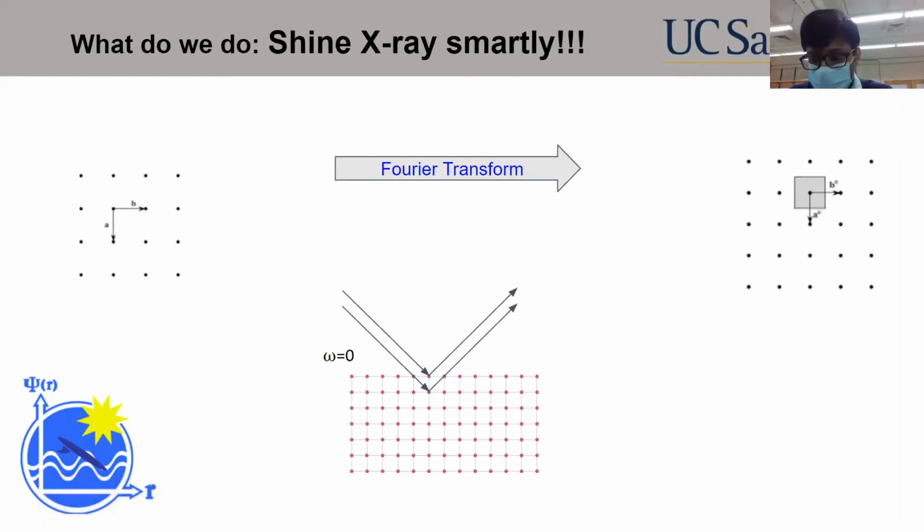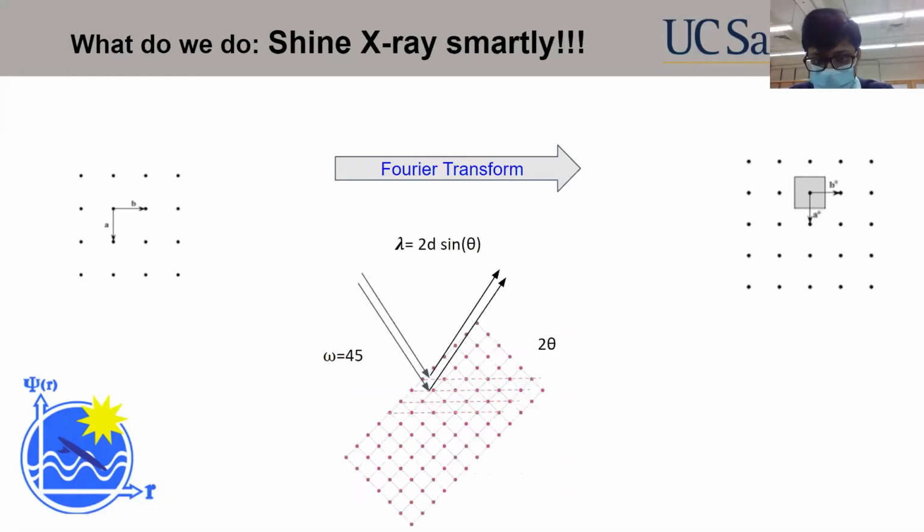If I rotate the sample by 45 degrees, you see I'm probing different layers altogether. Now the d spacing has changed. And all of this is related to lambda, the wavelength I'm probing with, by 2d sin theta. So for every d inside the sample, I get a theta. They are one-to-one functions of each other.